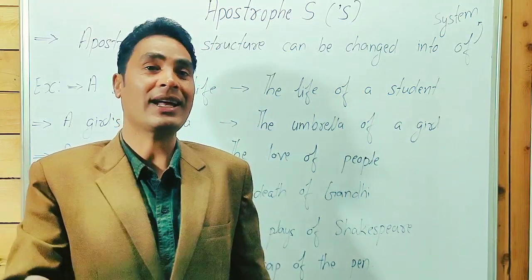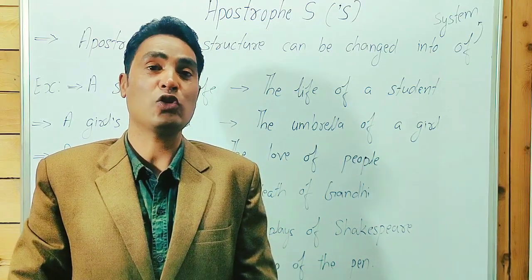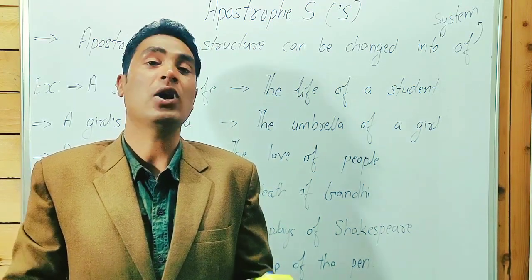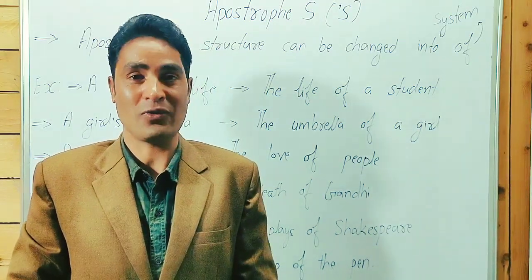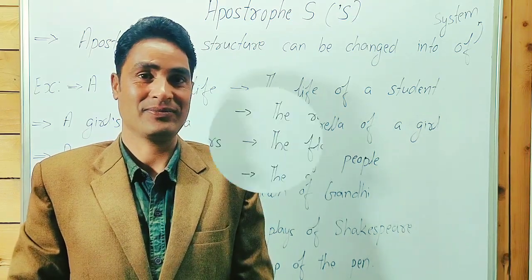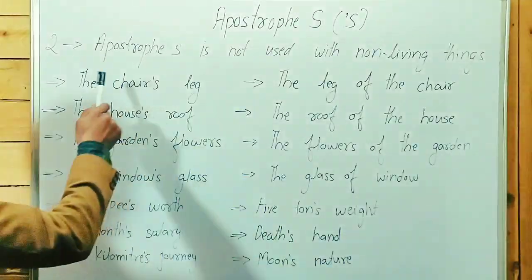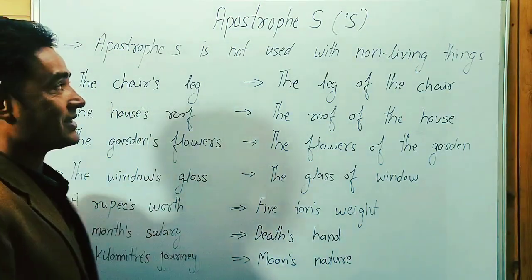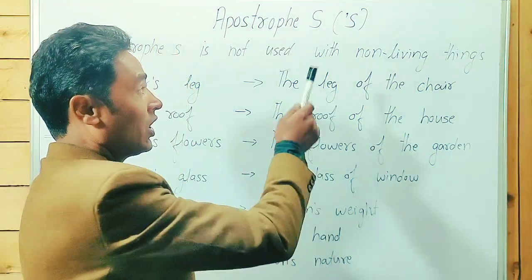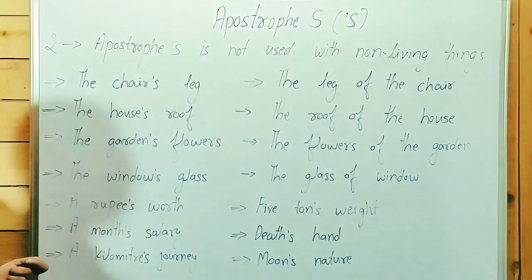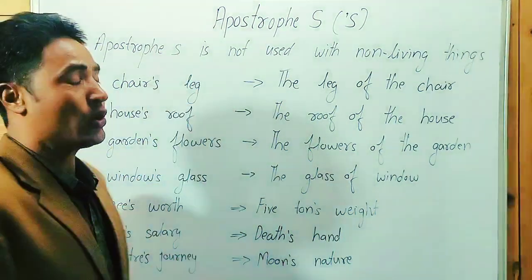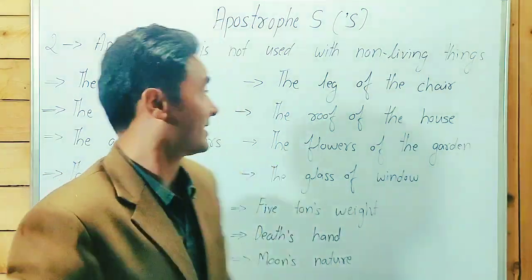We will learn in the next slide with whom we can use apostrophe s and when we don't. Second rule of apostrophe s: apostrophe s is not used with non-living things.